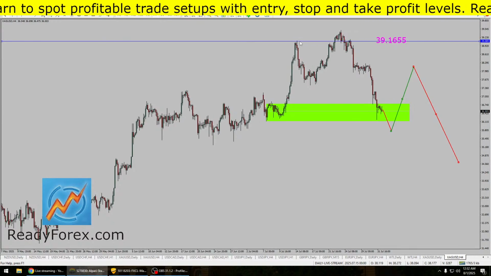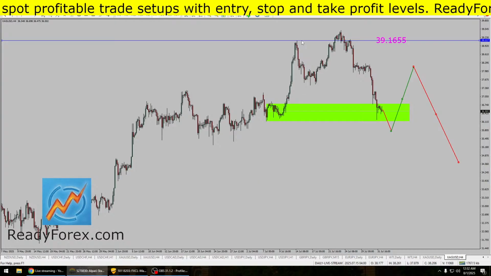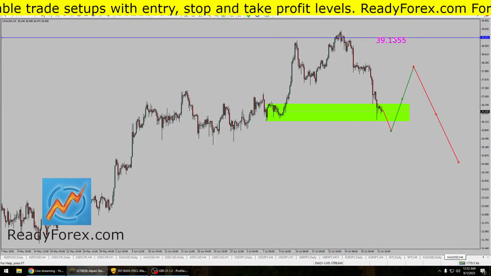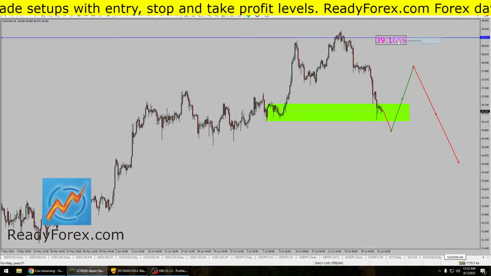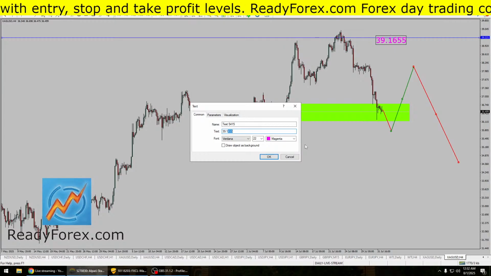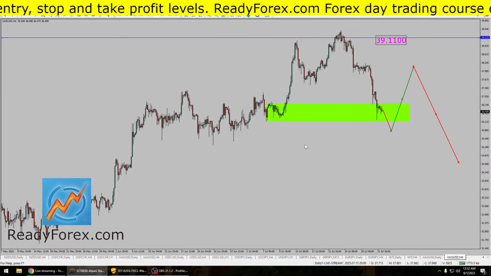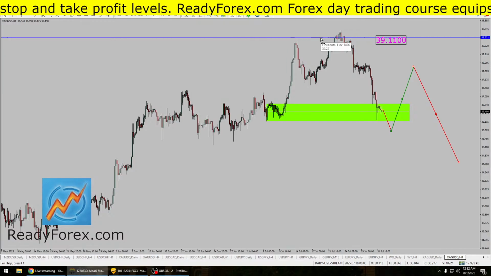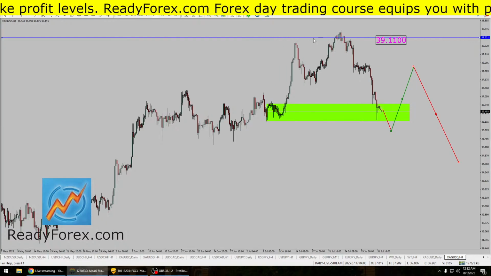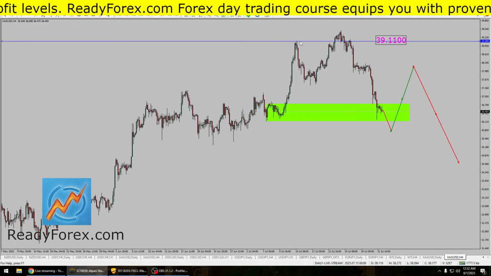Let me see what's the level. Okay, 39.11. Okay, so in terms of Elliott wave, the way I see the XAG USD currency pair, it is going to drop more.